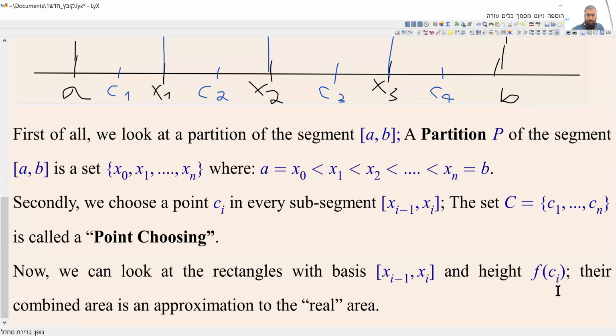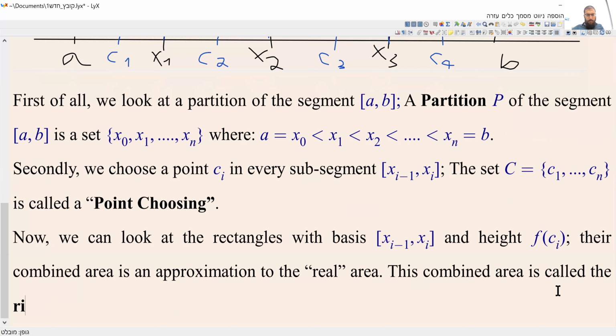This combined area is called the Riemann sum. Bernhard Riemann. Let me check how to write his name. Bernhard, with an h in his first name.